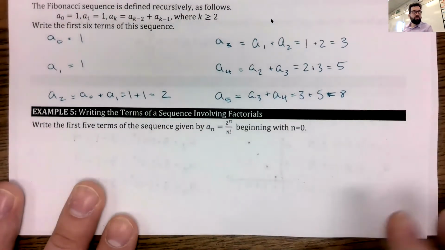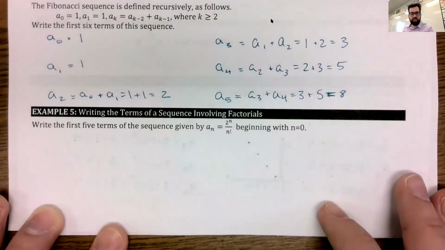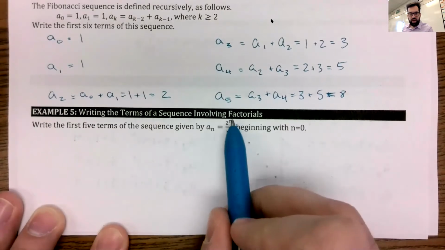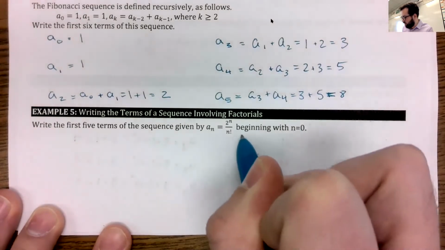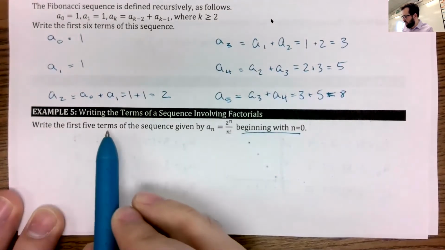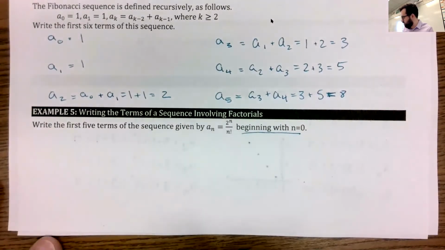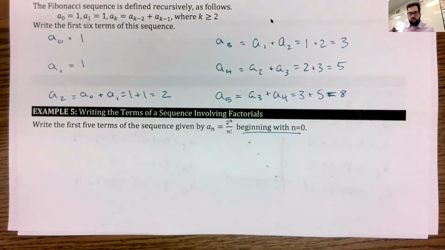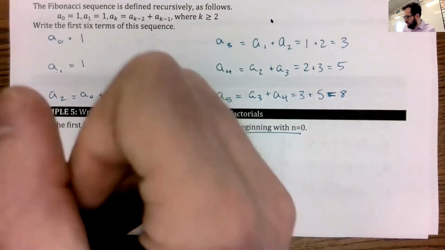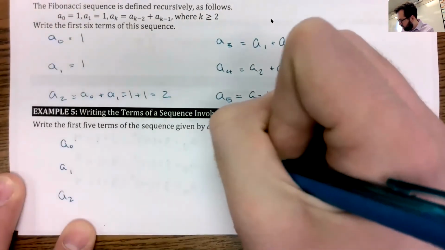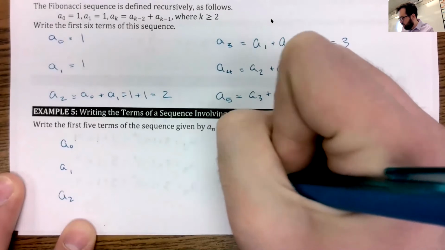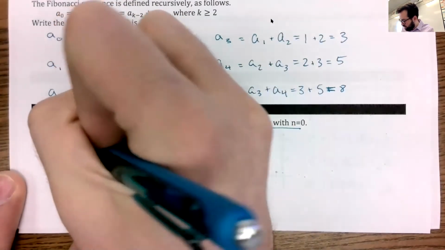All right, we're going to write the first 5 terms of the sequence given by a sub n equals 2 to the n over n factorial, beginning with n equals 0. So if we're doing the first 5 terms and we start with n equals 0, we're only going to go from 0 through 4. So let me write that out first. So we have 0, 1, 2, 3, 4.